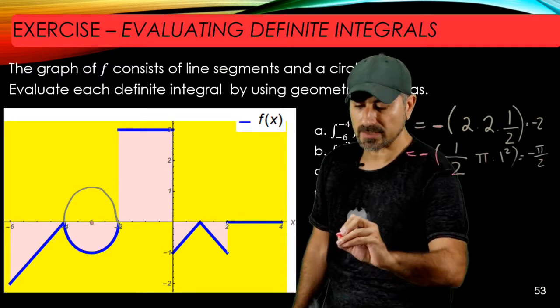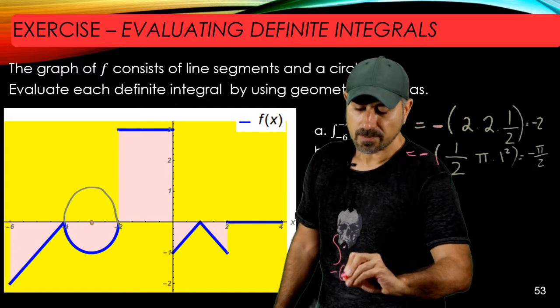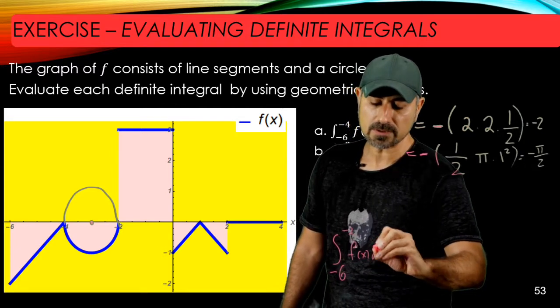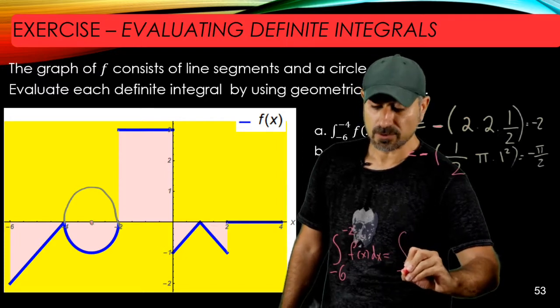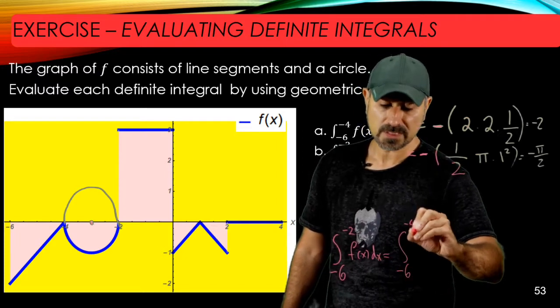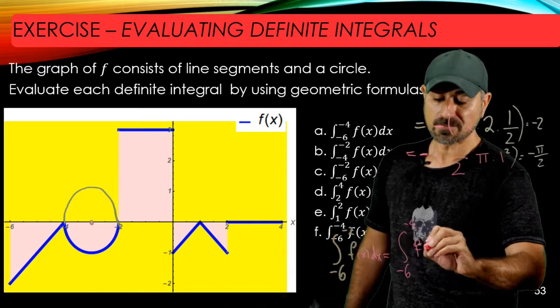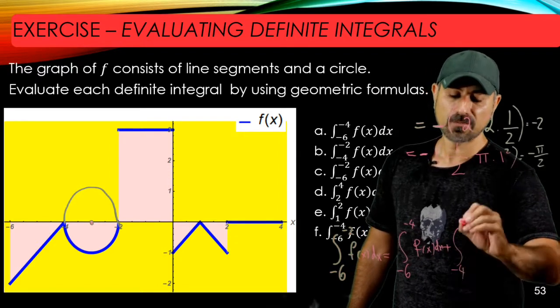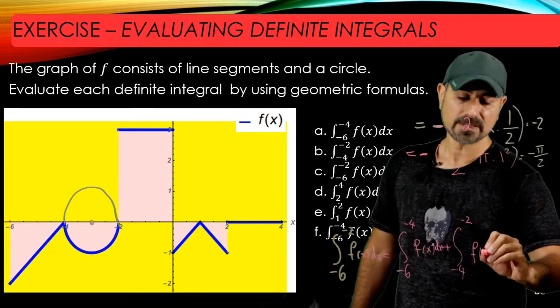In fact, the integral from -6 to -2 of a function can be split into two. You can first look at the integral from -6 to -4 of f of x dx, and then add it to the integral from -4 to -2 of f of x dx.